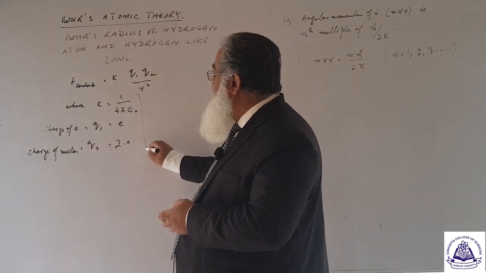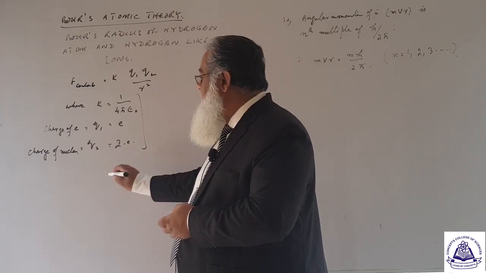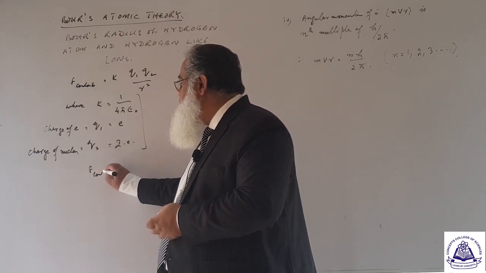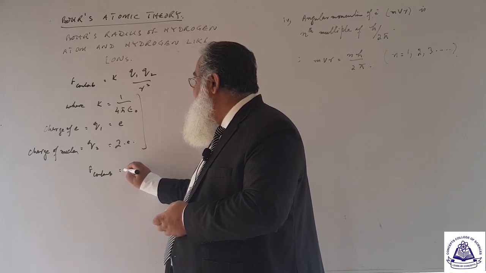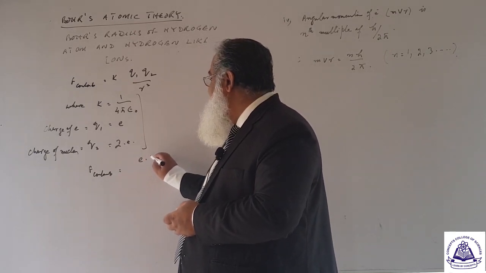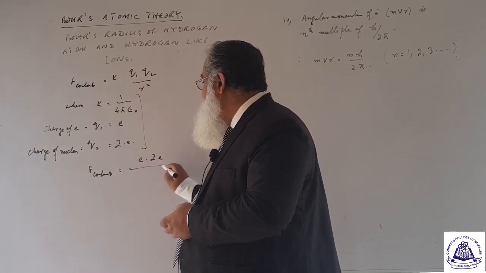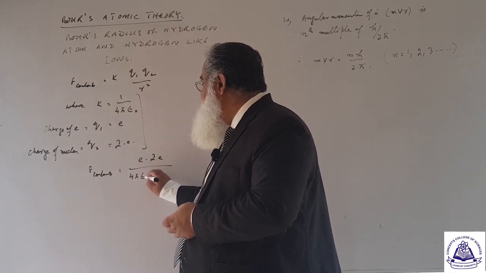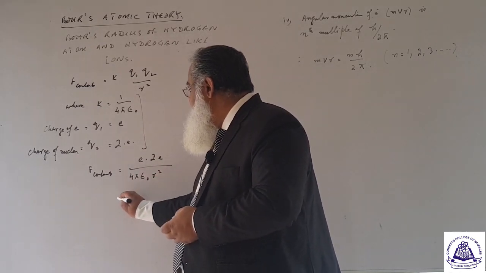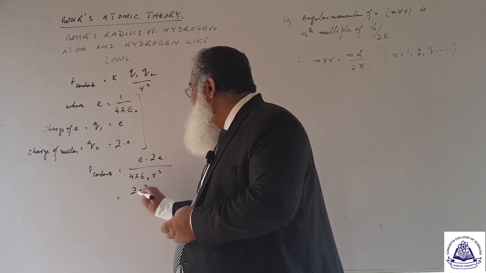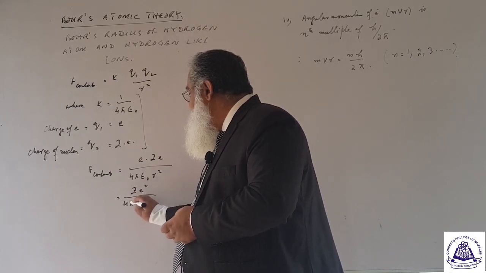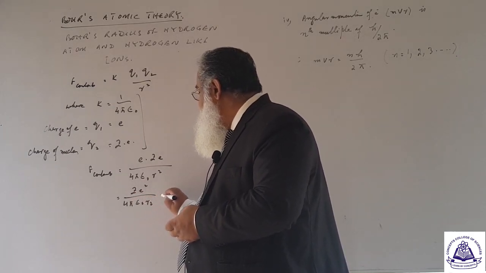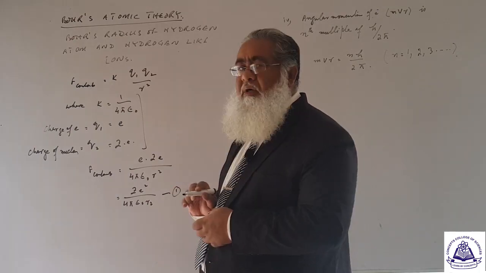Substituting all these values in first equation, we get Coulombic force of attraction equal to E into ZE over 4 pi epsilon naught R square, which is equal to ZE square over 4 pi epsilon naught R square, equation number 1.